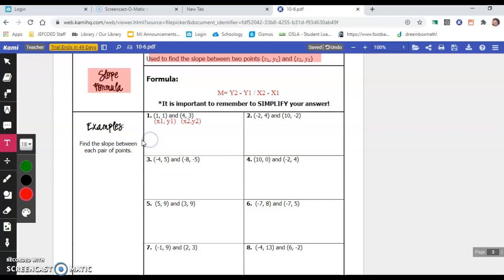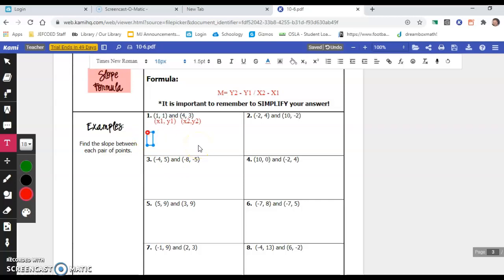All right, now you're just going to substitute what those values are into the slope formula. So that would be m equals, and the formula, it's y2 minus y1. So that would be our y2, guys. If you're looking, my y2 would be 3, and that would be minus y1, which is 1. Okay, our fraction bar there. And then our x2, which is 4, minus our x1, which is 1, okay?